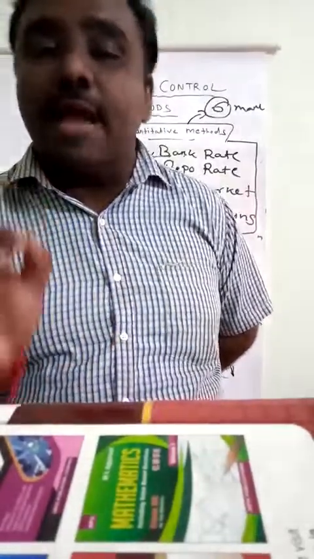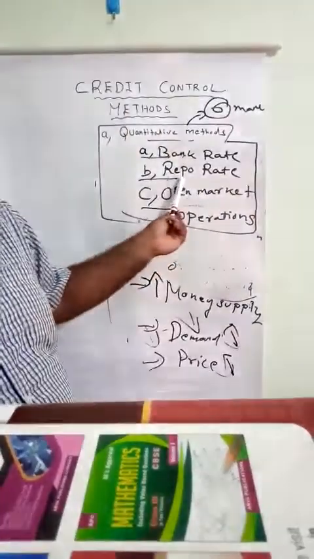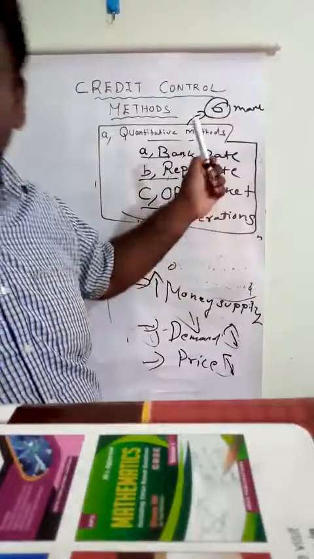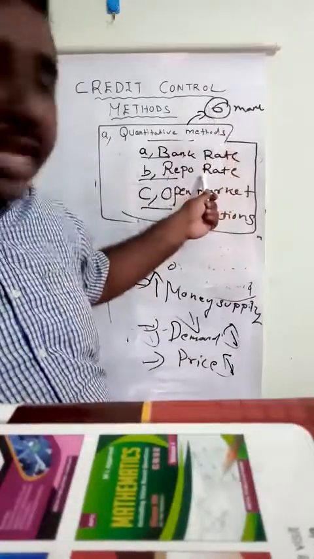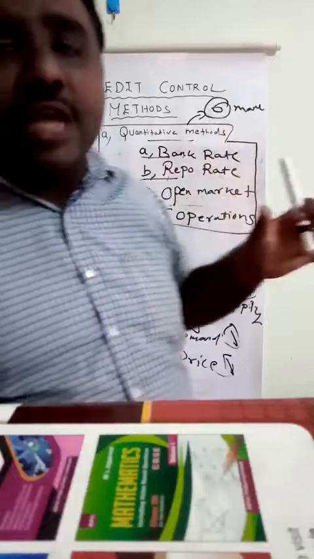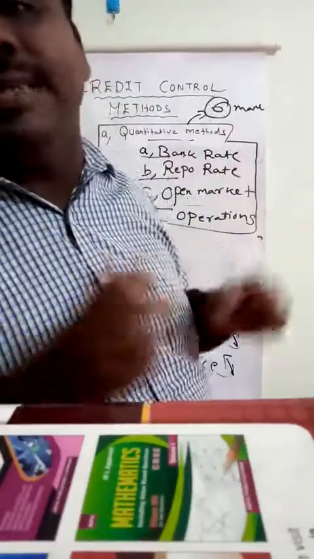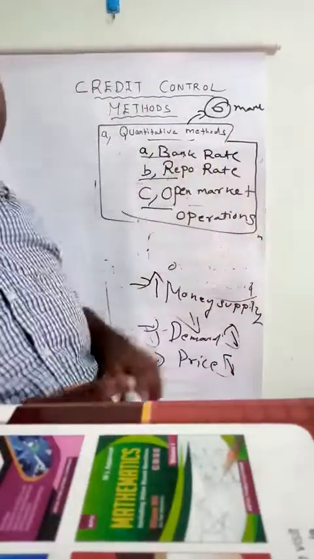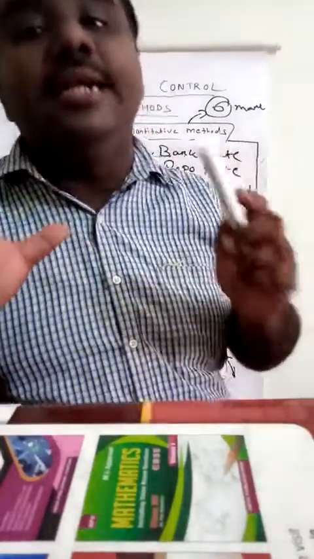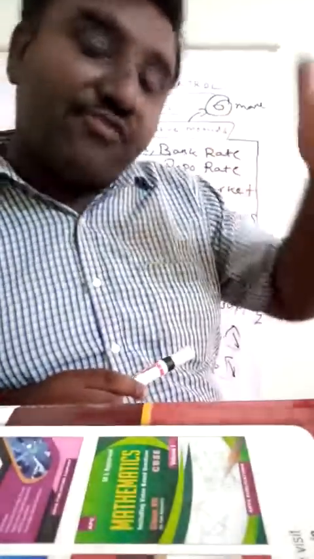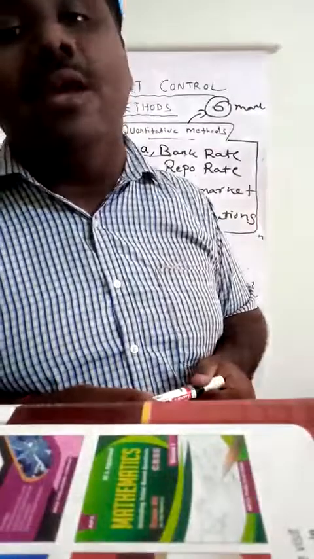The same thing, at the time of inflation will the repo rate increase or decrease? The repo rate will increase. At the time of deflation the repo rate will decrease. Then they will ask, what will happen to the money supply in the economy at the time of inflation? The money supply in the economy will decrease. At the time of deflation the money supply will increase.